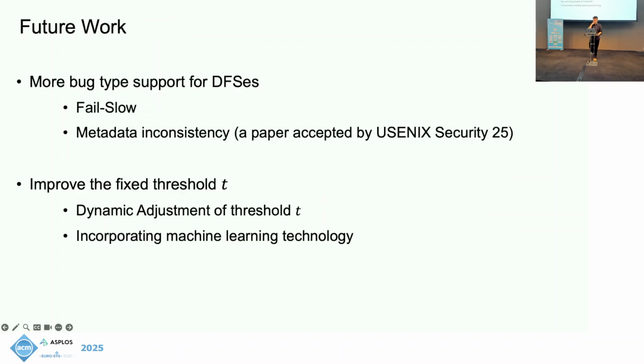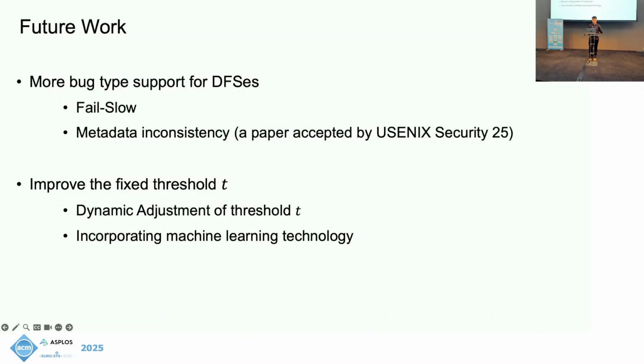Our future work mainly focuses on two points. The first one is that we want to detect more bug types in distributed file systems, like slow file bugs and metadata inconsistency. For this part, we have just had a paper accepted by USENIX Security 25 to detect metadata inconsistency bugs in distributed file systems.